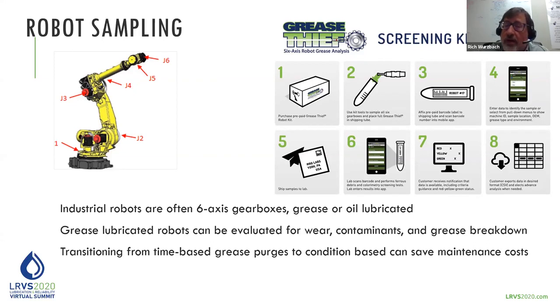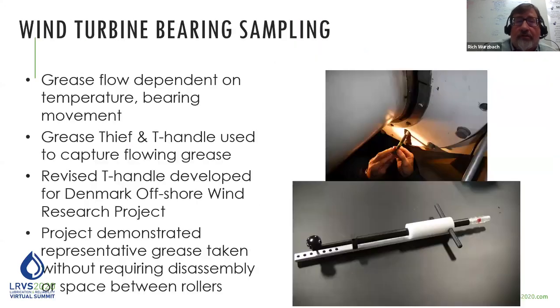Now, there was a trade-off. Some of the components needed to be greased more often, and others we were able to extend that interval, but it was optimized based off of the condition of the grease and the variables that influence what the true life of the grease is. So we're going from time-based or feedback-based to really understanding the condition of the grease. And we look at a couple of different factors.